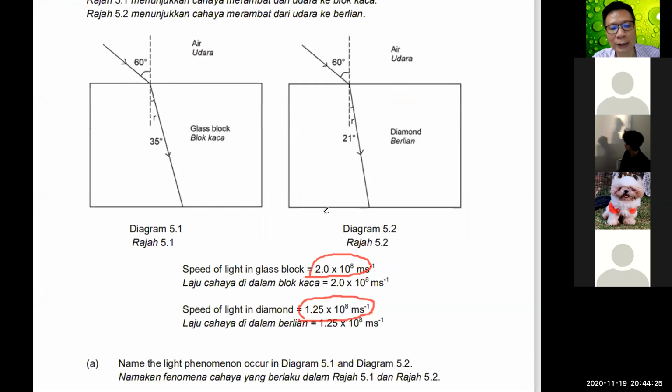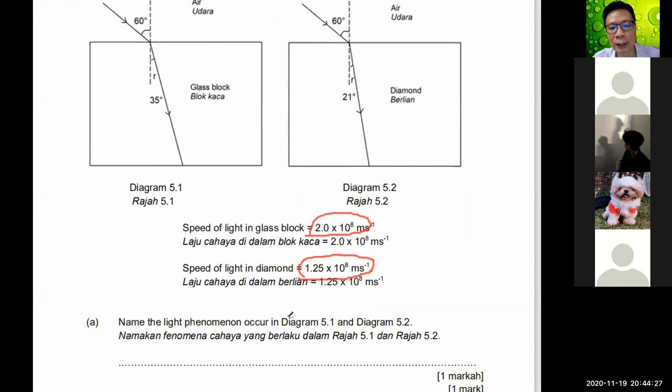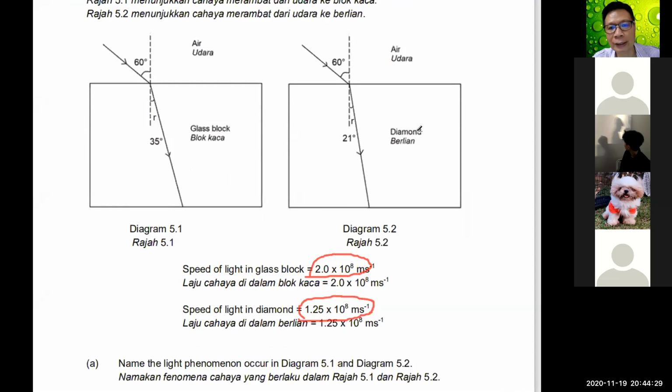Okay, now you answer the question. What is the light phenomenon here? The light bends like this. What is the name? Bending of light. What is the name, Jocelyn? When the light bends like this, what is the phenomenon?